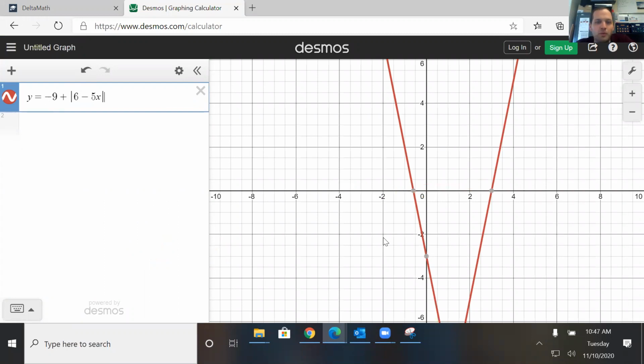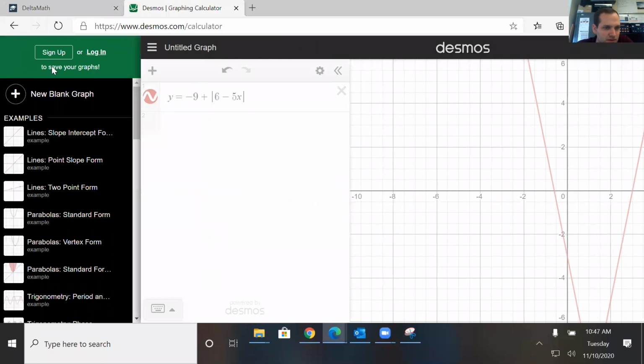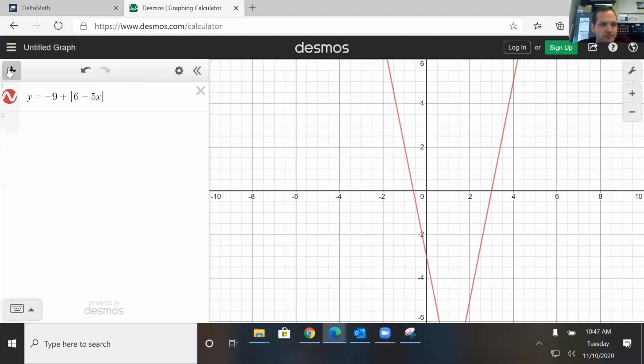We just need to look, where does it cross? So we need to get a point. You know, there's that point right there. -0.6 is one of the x values.